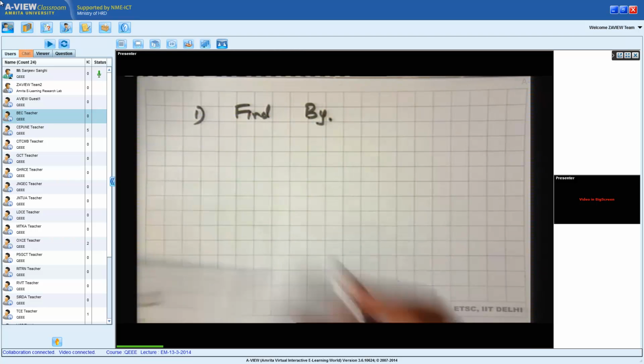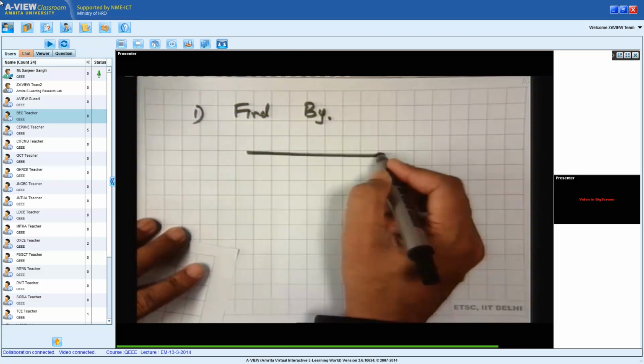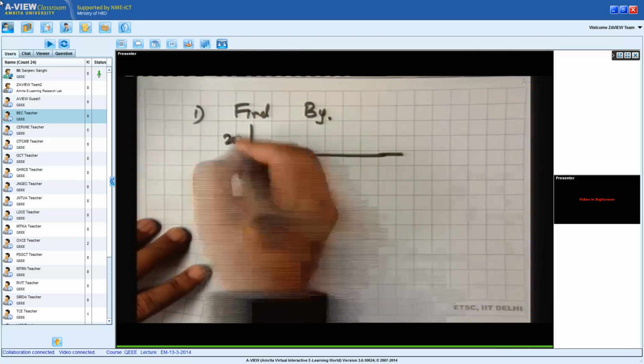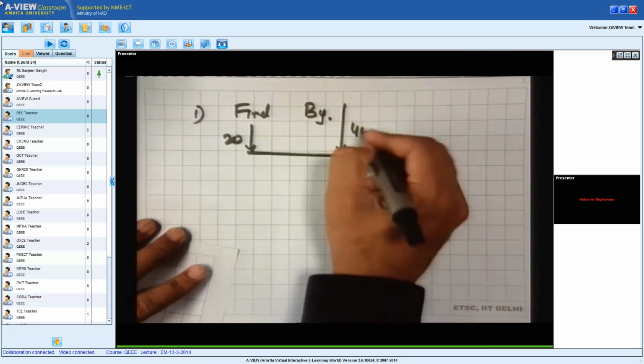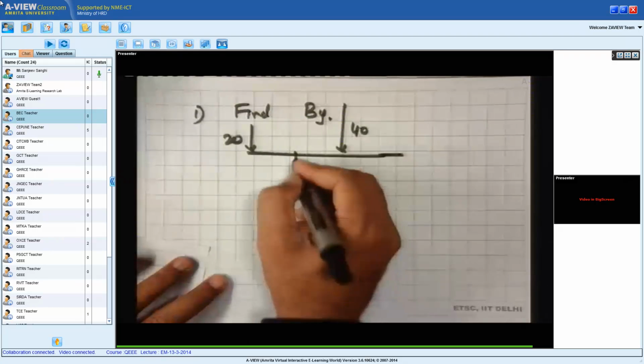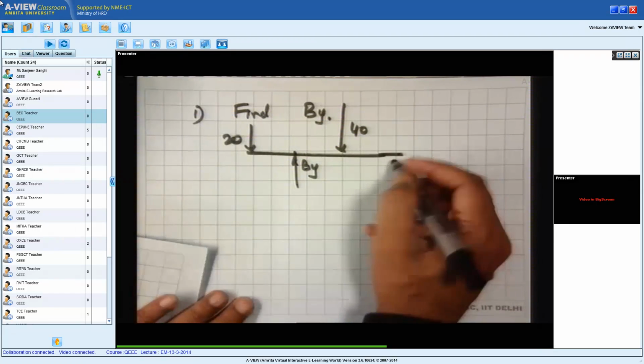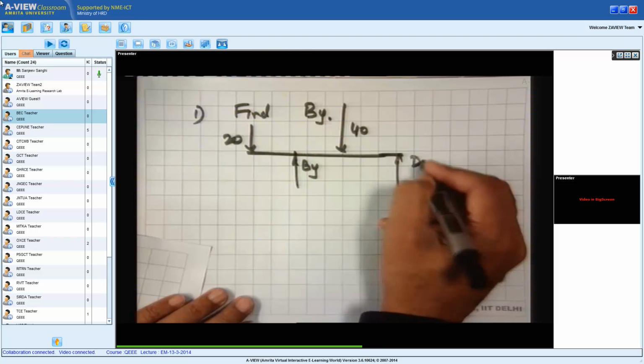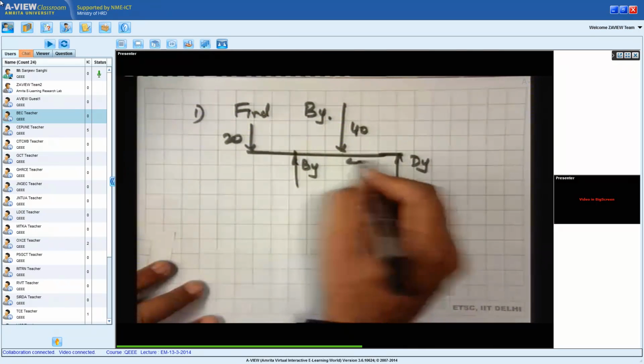So the first step is to find By. Let's draw the full free body diagram of the beam. We have 20 kilonewtons, 40 kilonewtons, and then there is By, and then we have Dy. Each of these distances is 2.